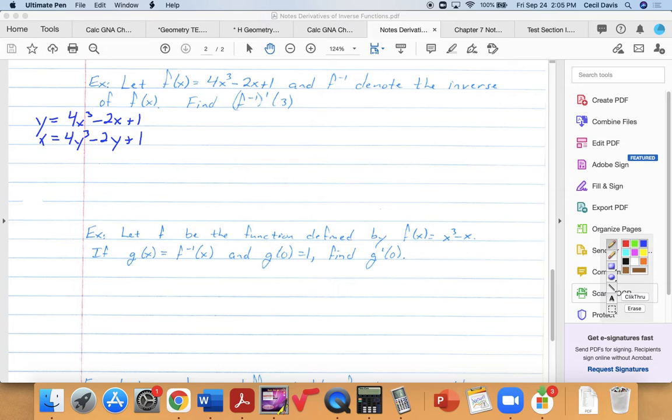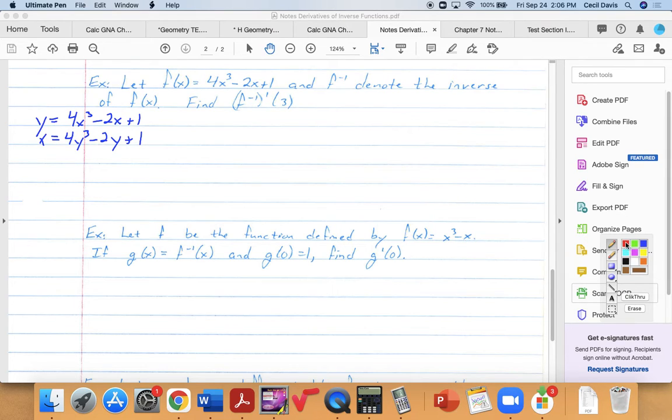Okay, well, if I want the derivative of the inverse function at 3, remember that the input on my inverse function was the output of the original function.